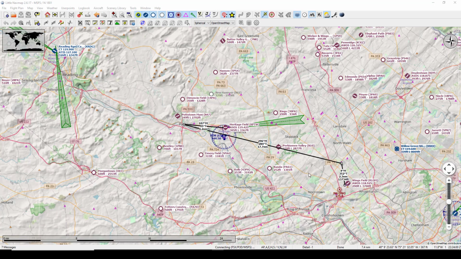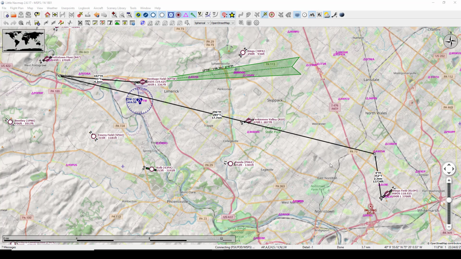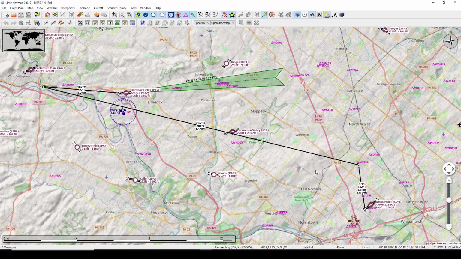Here with the flight plan displayed, we could actually look for some waypoints that we can identify visually as we fly along. So here's the path from Wingsfield up to Montco Central. One of the things after we leave Montco, we'll look for that 476. We'll pass over 476.